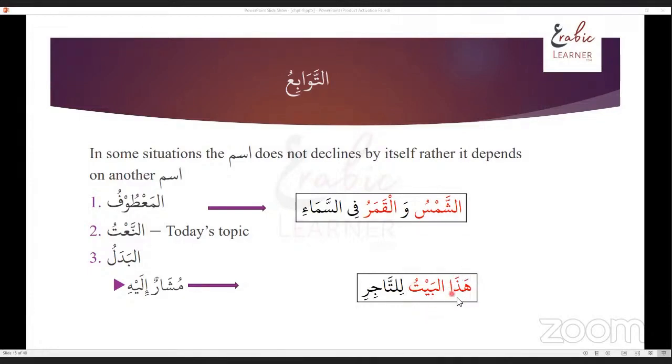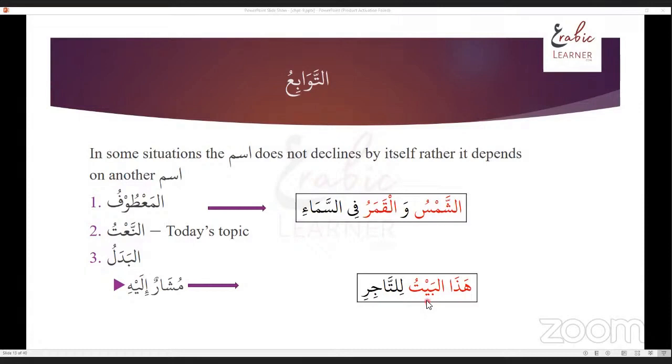And hadha is mabni. So it is mubtada here, and it's mabni. In this situation, it is marfu. Al-baytu is marfu. So هذا البيت للتاجر. This house is for the trader.